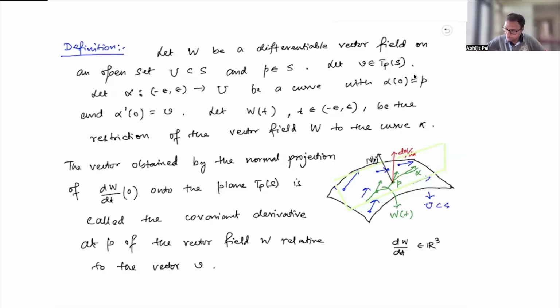And then we have to take the normal projection.